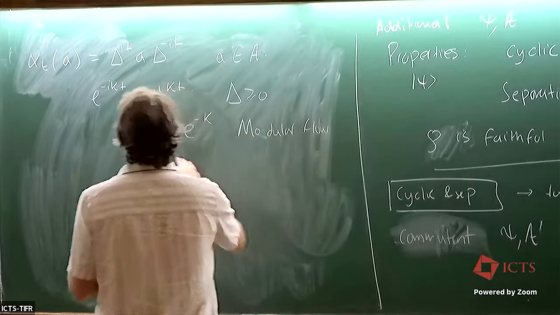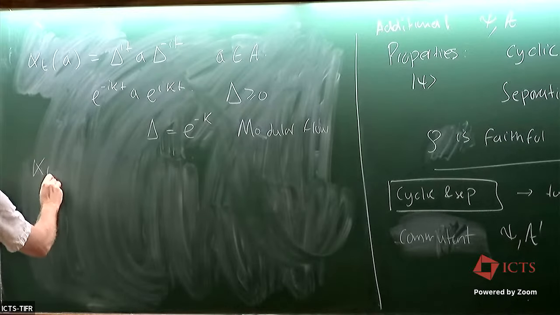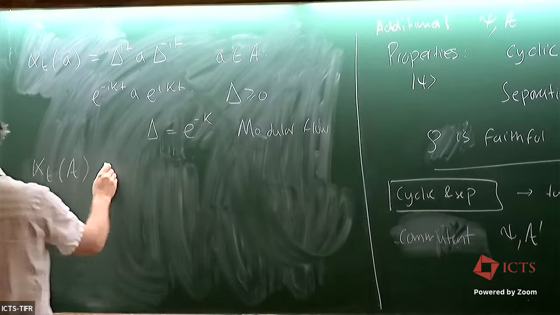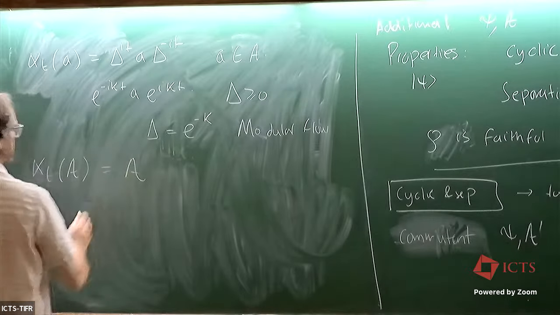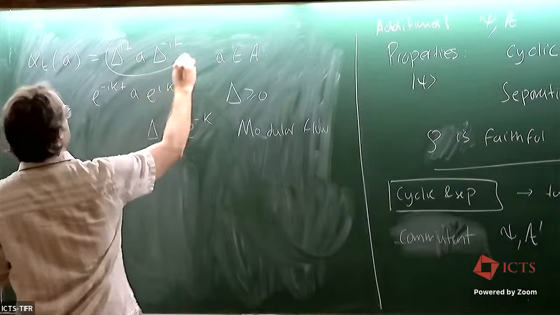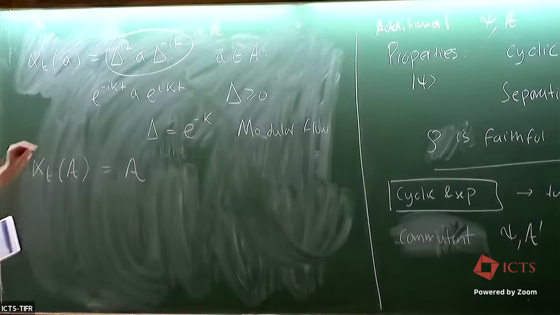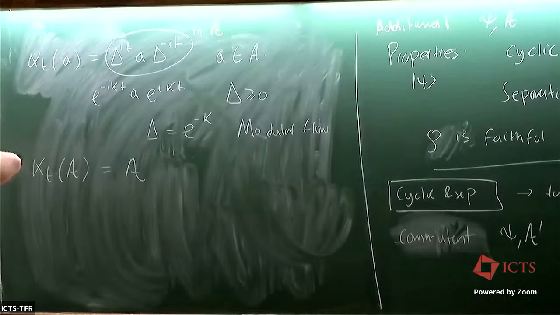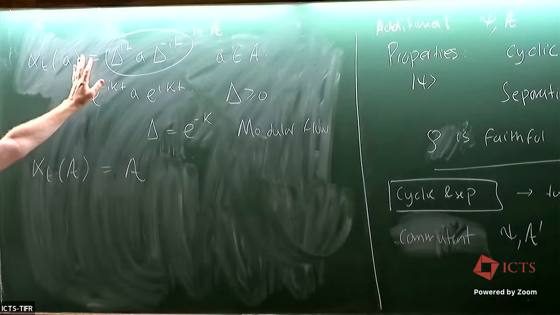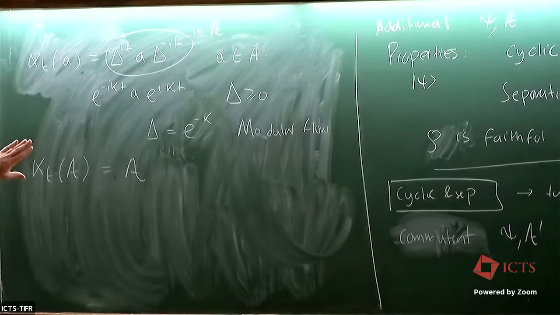And it's a non-trivial consequence of Tomita-Takesaki theory that this flow takes elements in the algebra to elements in the algebra. Okay, so this thing is in A. And the reason that's non-trivial is because how I've defined delta, it is not an operator in the algebra. It's definitely not. But when I do this conjugation, I get an operator in the algebra.